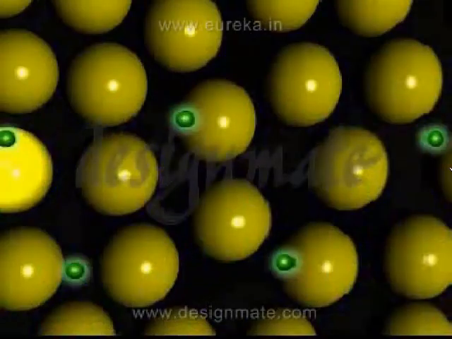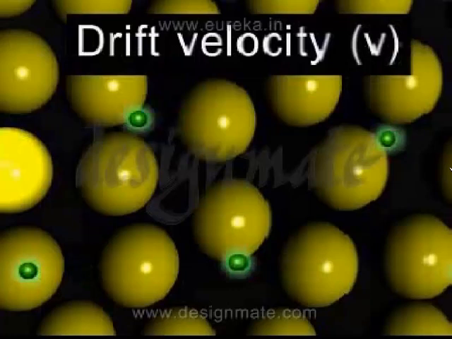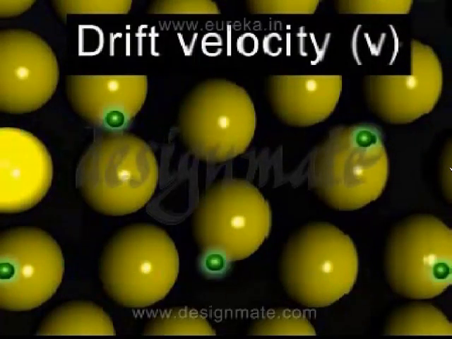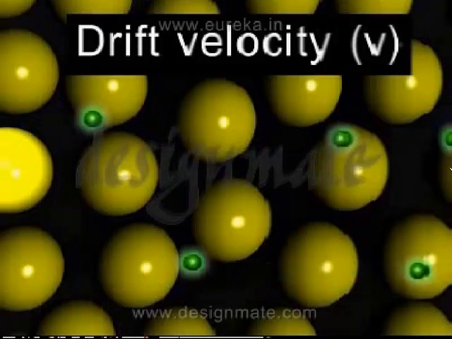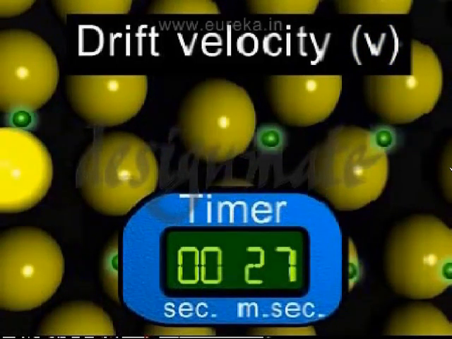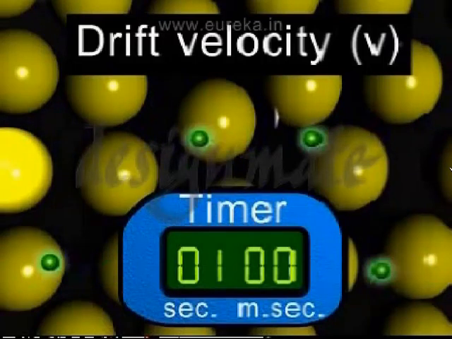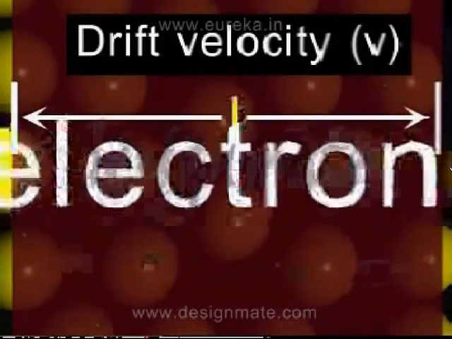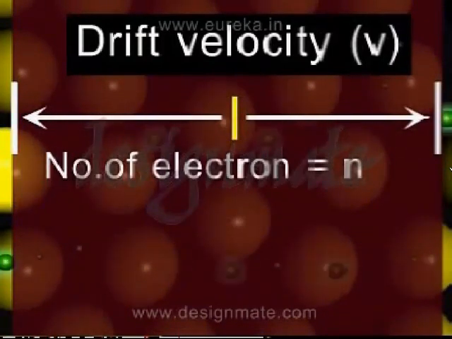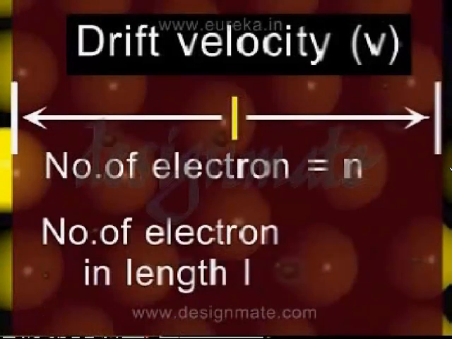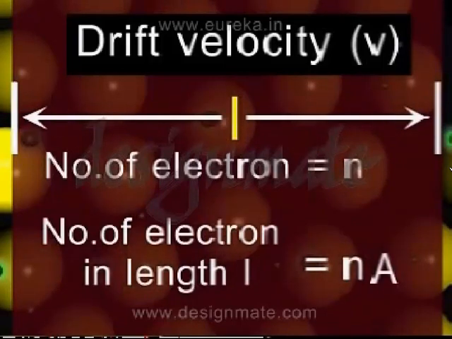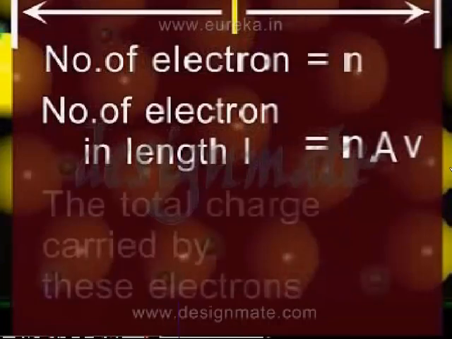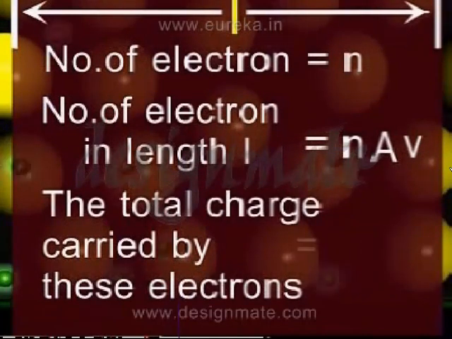Now, remember that the current I is due to the drift velocity v of the electrons. The electrons moving with velocity v and passing through the cross-section of the conductor in 1 second will be contained in length L of the conductor. If the number of electrons per unit volume is n, then the number of such electrons contained in the length L of the conductor is n into A into v. The total charge carried by these electrons is n A e v.